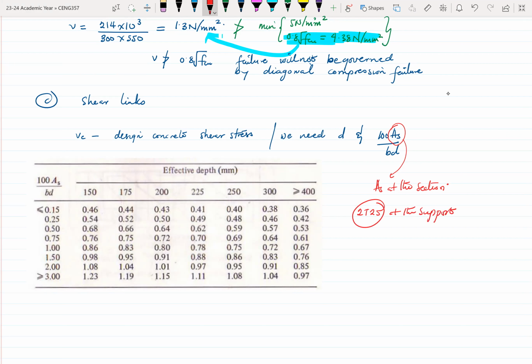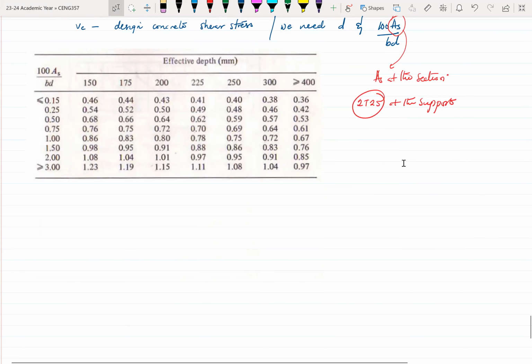All right. So what this means is that my AS will actually be half of what I had. So 100 AS over BD, I'll do some approximations so that it makes the whole thing simple.